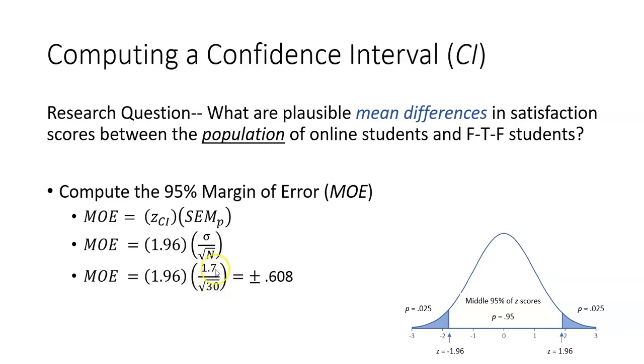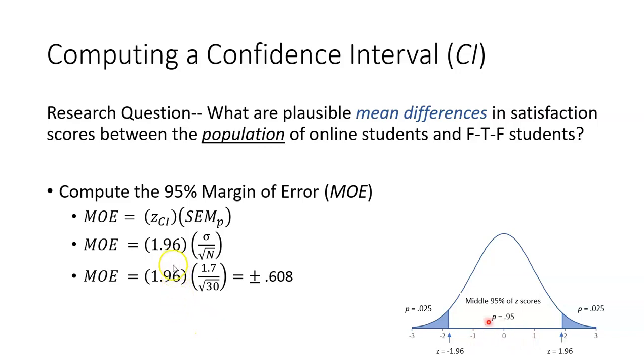If we just left it at this SEM, we would have a 68% margin of error, because it would only include the range between a positive 1 and a negative 1. So we want to expand that a bit to include the middle 95% of scores.